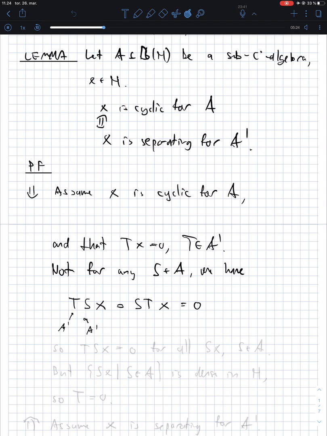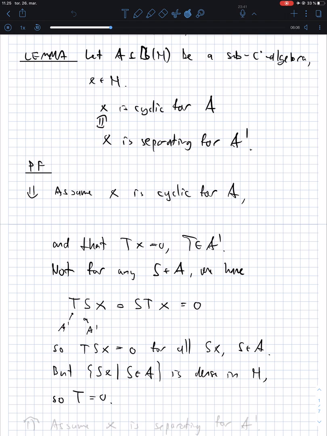So TSx is 0 for all Sx with S in A. But the set of Sx's with S in A is dense in H, because we assumed that X was cyclic for A. So T is 0 because it vanishes on a dense set.